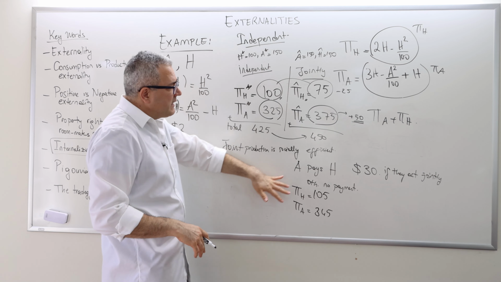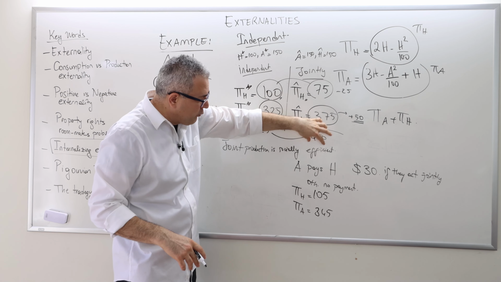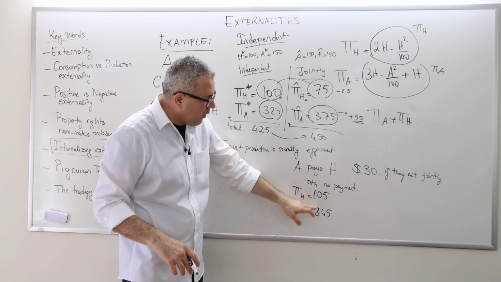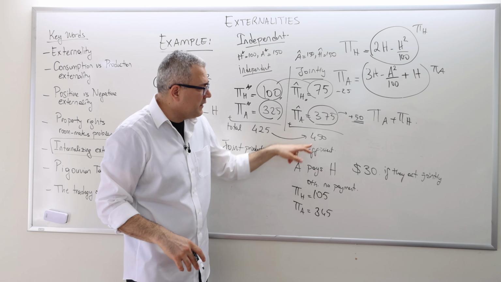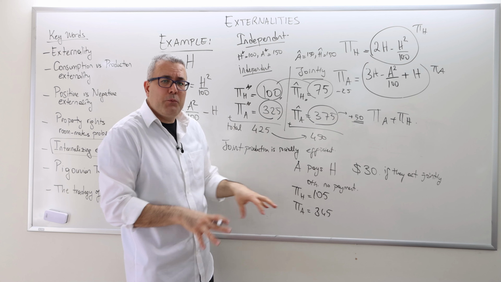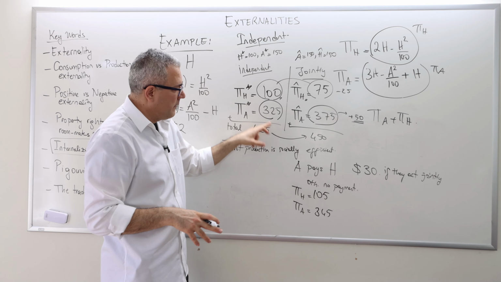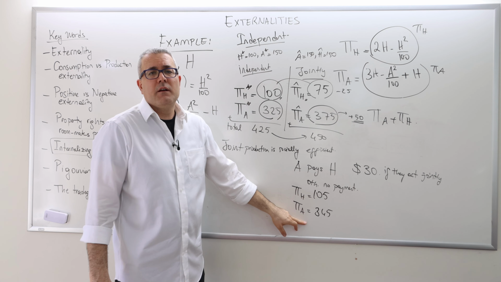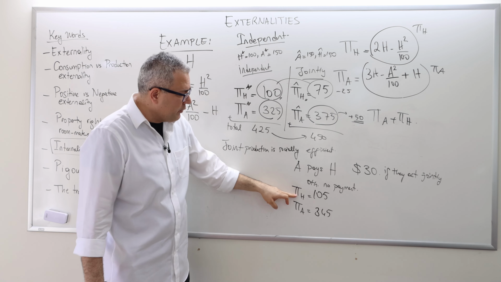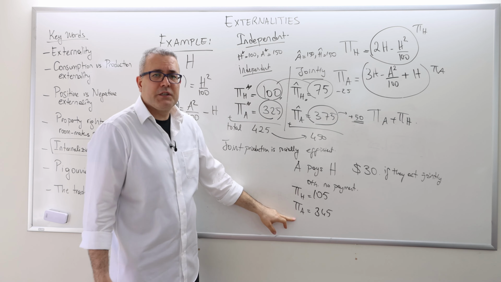So basically they distribute the total profit. The total profit is still $450. They just distribute it in such a way that both benefit. Not only the honey producer, but also the apple orchard benefits.